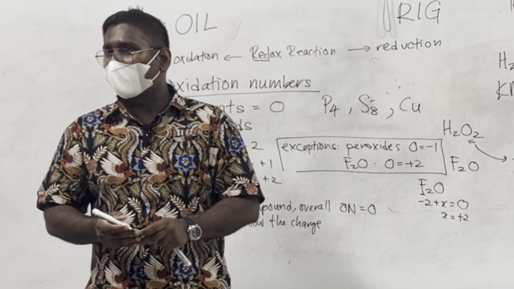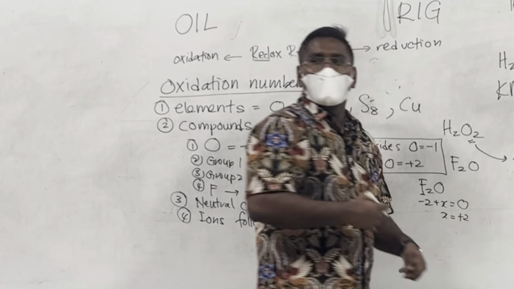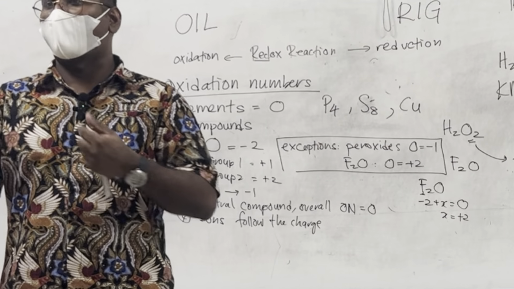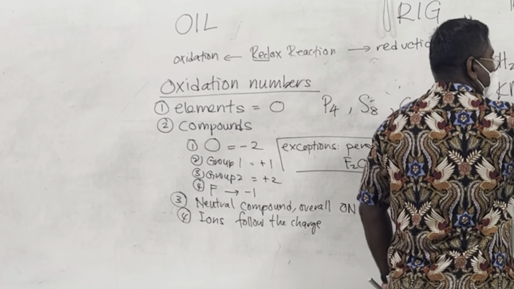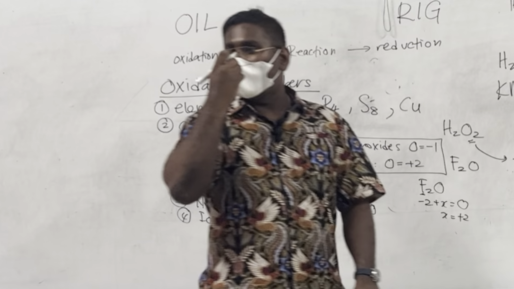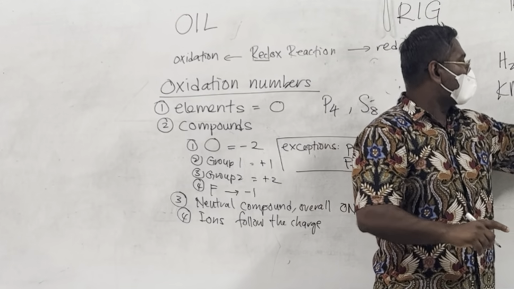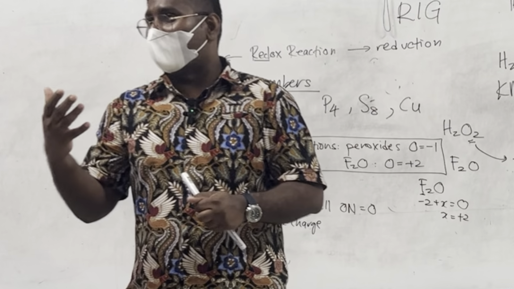Positive 2. If I have Cl-, what is the oxidation number? Negative 1. If I have something more complicated, MnO4-, this entire thing, the oxidation number is negative 1.